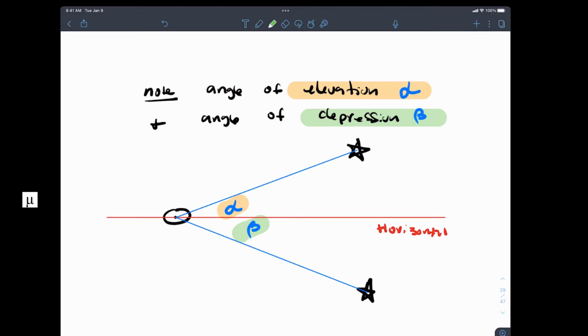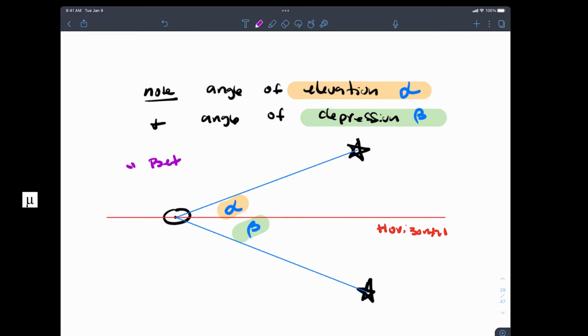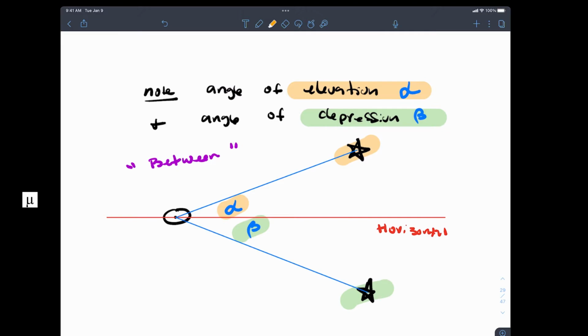So it's always between. The key word here is always going to be between those lines. Okay, so, we have that definition. I'm not going to write it all over again, but I want to remark here that if it's below the horizontal, it's called an angle of depression. It's in green here. And if it's above, it's an angle of elevation in orange. So, we always want to remember that, okay? And that's a detail sometimes people overlook.